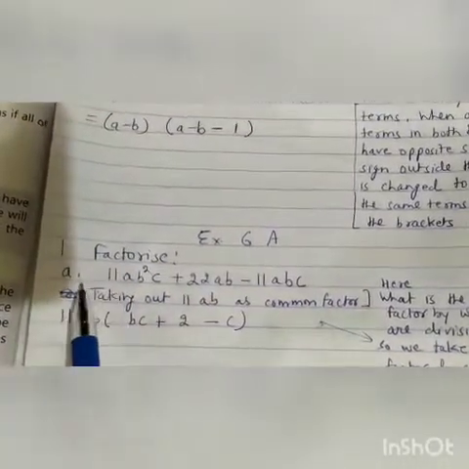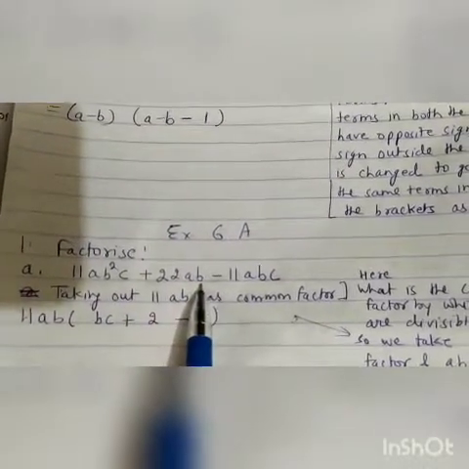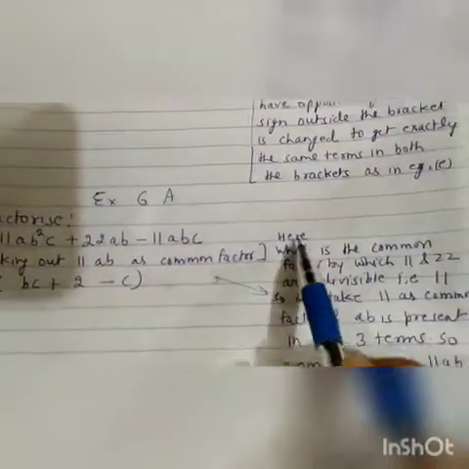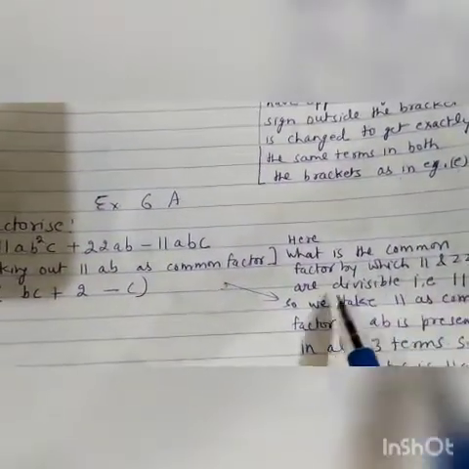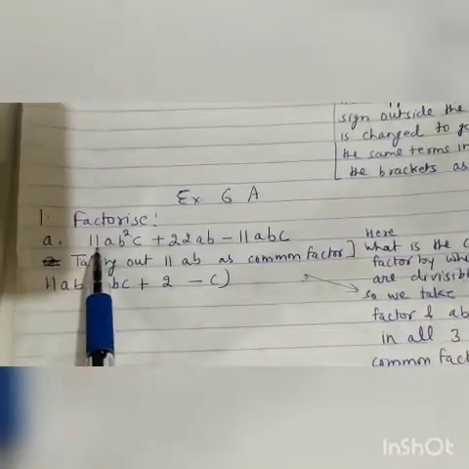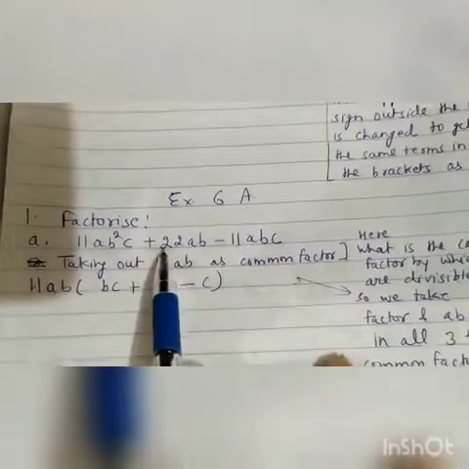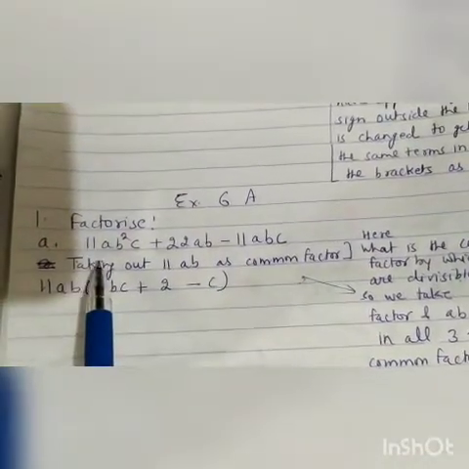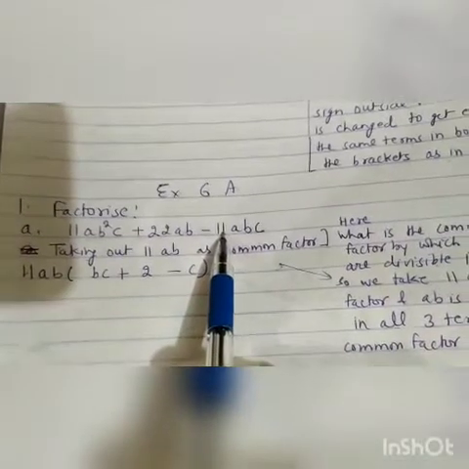So what is the first question of exercise 6A? It is 11ab square c plus 22ab minus 11abc. See here, what is the common factor by which 11 and 22 are divisible? Here the numerical coefficients are 11, 22 and 11. By which number are all these three numerical coefficients divisible?